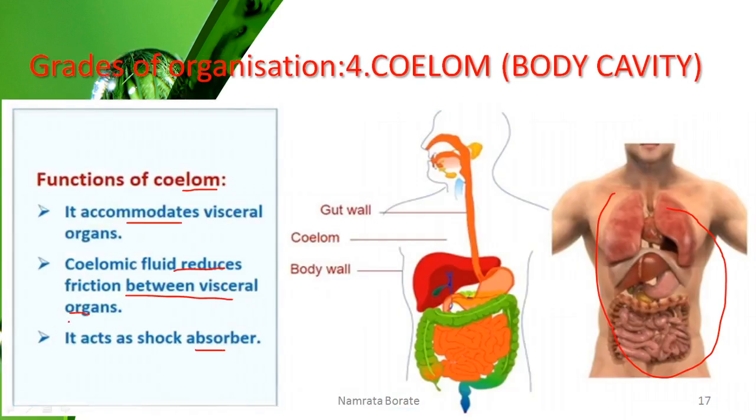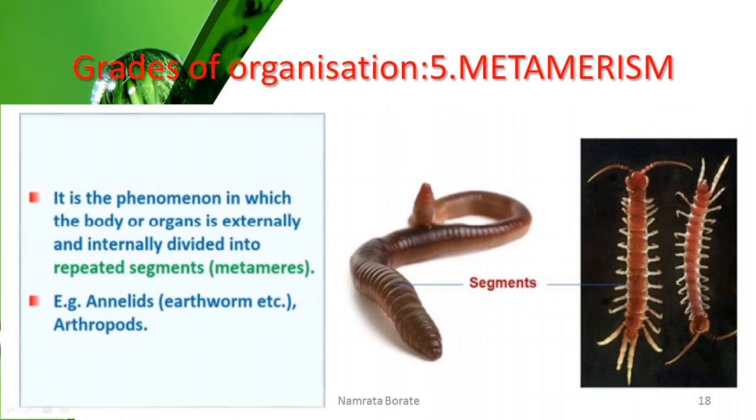The next one we see is metamerism. What is metamerism? It is the phenomenon in which the body or organs, externally as well as internally, are divided into repeated segments. That is called metamerism.